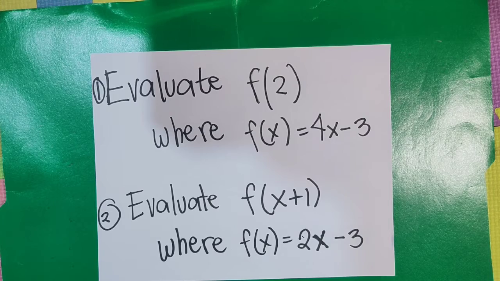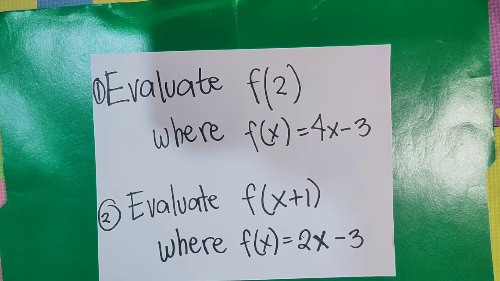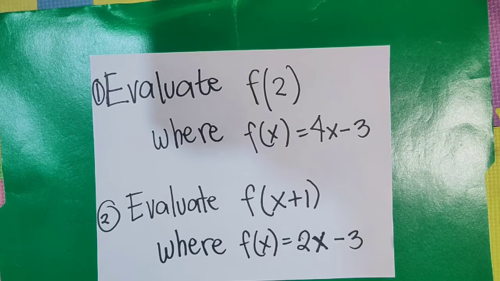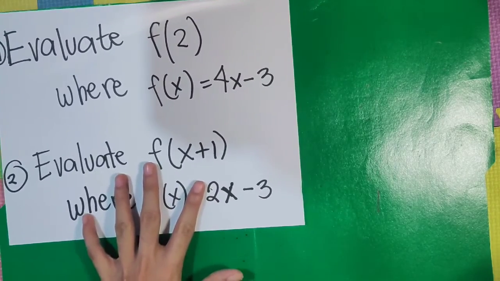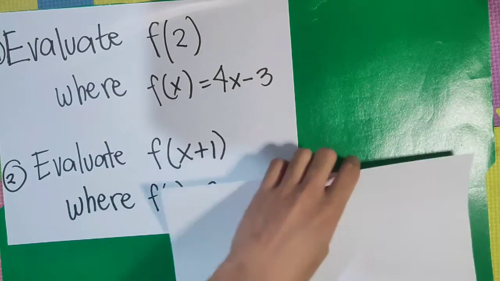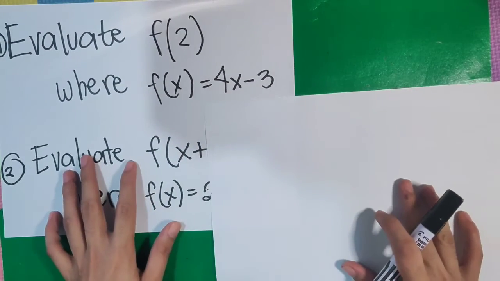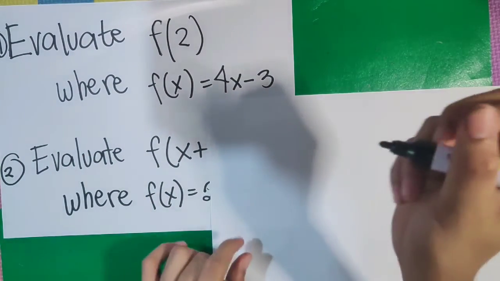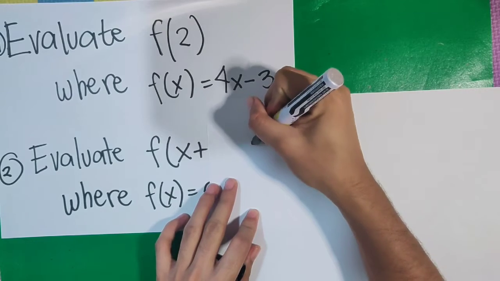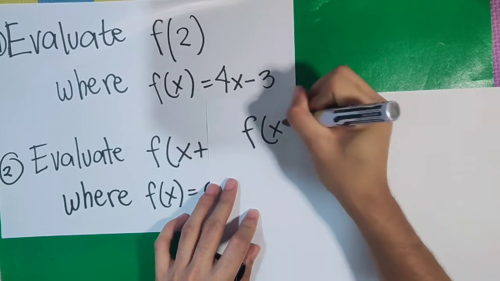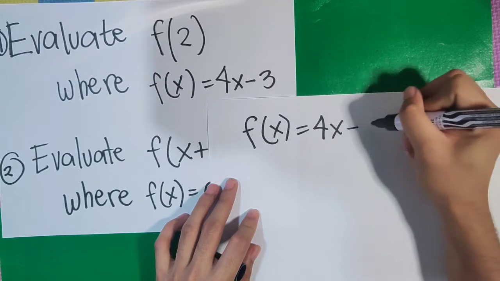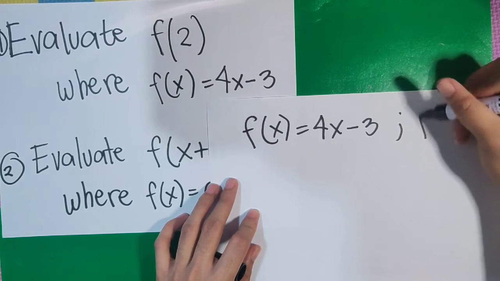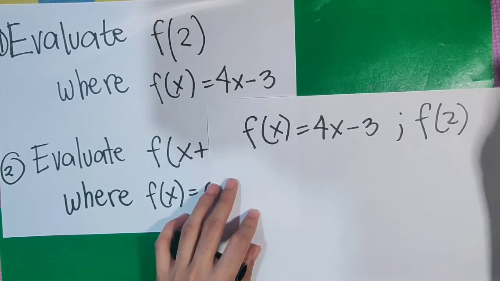Let's now try another example. Evaluate f of 2 where f of x equals 4x minus 3. Okay, to solve this one, we need to copy first the given equation. So f of x equals 4x minus 3 where f of 2.